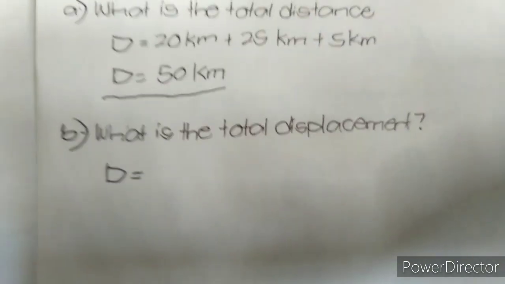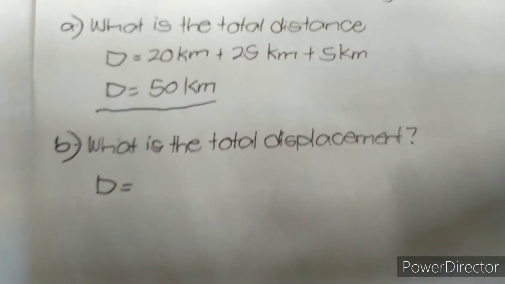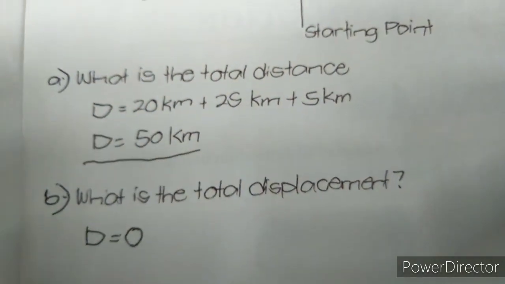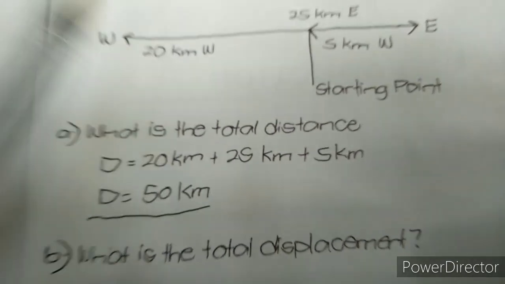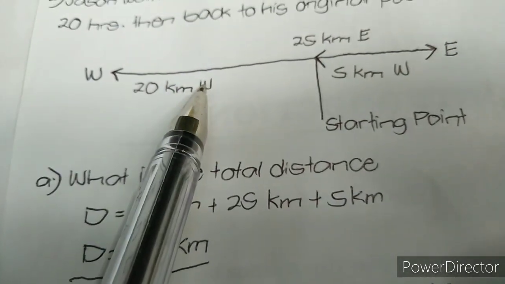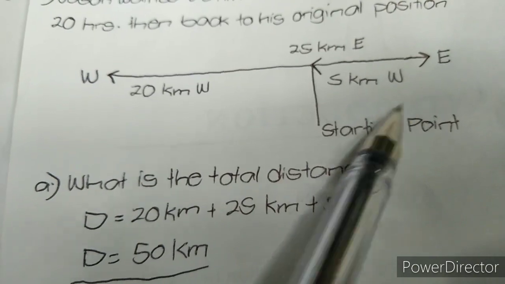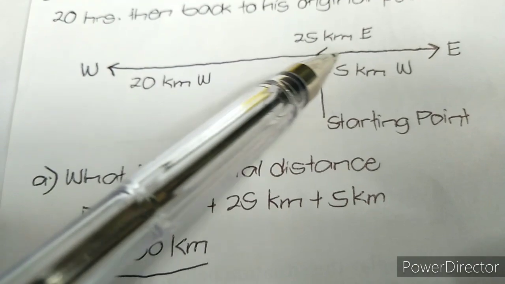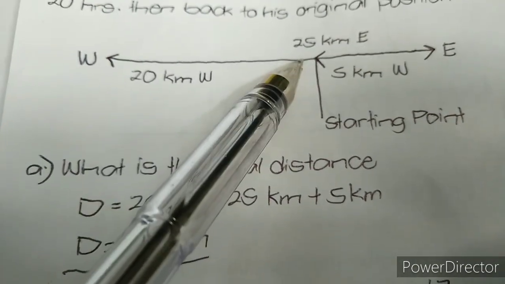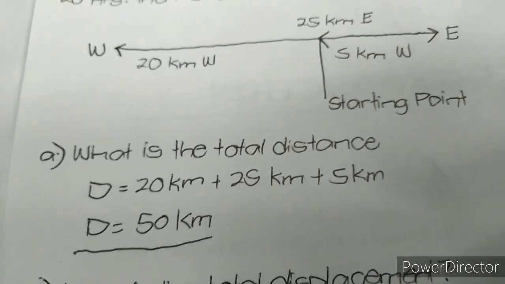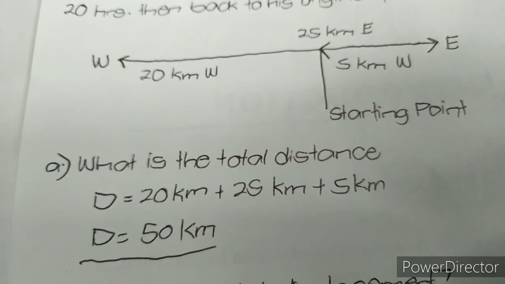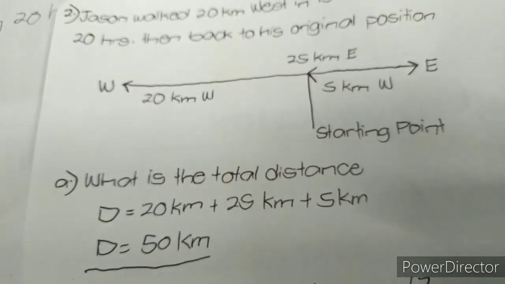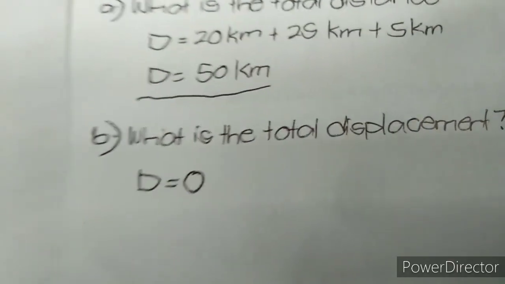Question letter B. What is the total displacement? The total displacement is 0. That's because 20 kilometer west plus 5 kilometer west equals 25 kilometer, and in the east there is also 25 kilometers. So 25 plus 25 is 50. That's why the total displacement is 0.